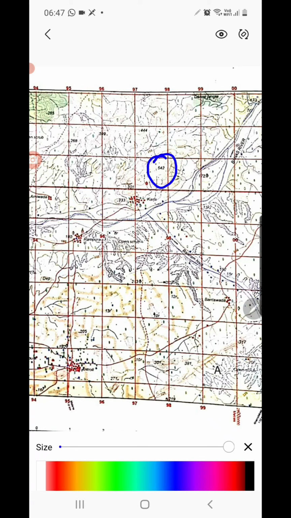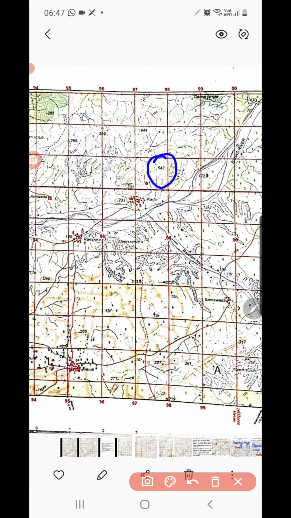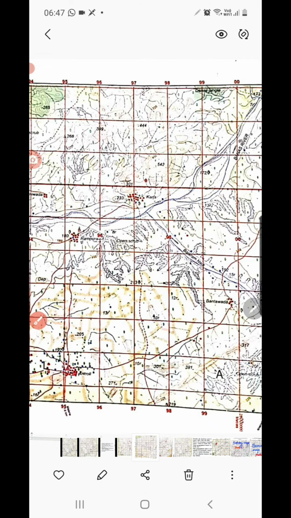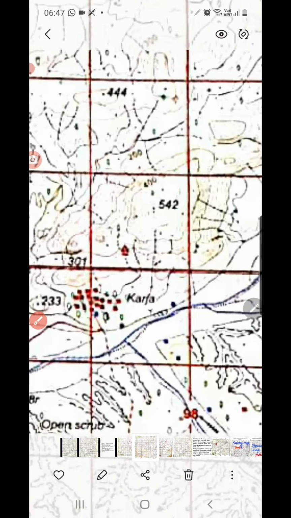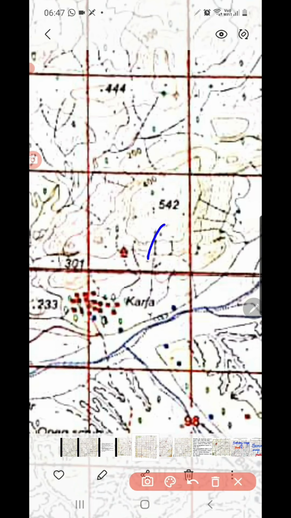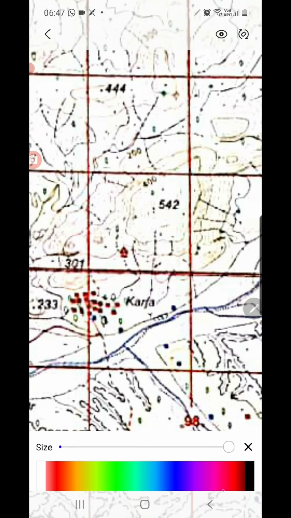Then sometimes you will find this kind of numbering in brown color. You see numbering in brown color, though it is not so visible here. You see here 200, this is 400, it is in brown color. These lines are also brown color. So these lines are contour lines.